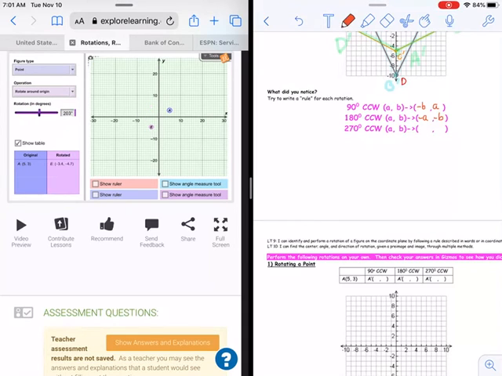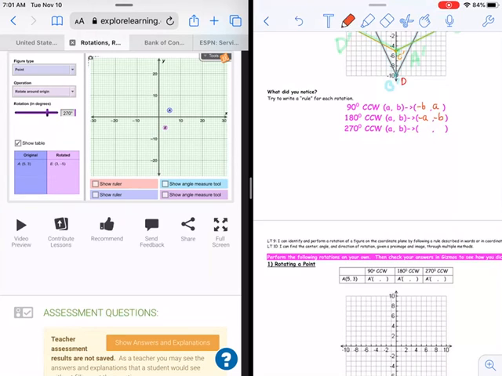And then similarly for 270, let's just show you 180 so you know I wasn't lying. All right, order stays the same, but both numbers are now negative. And then 270, you guys probably figure this one out just by process of elimination.